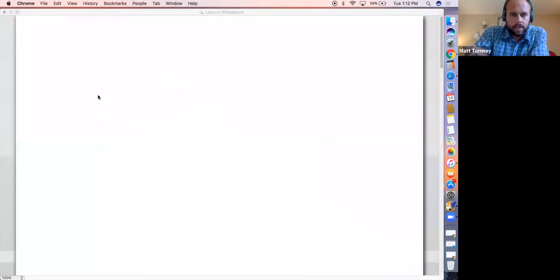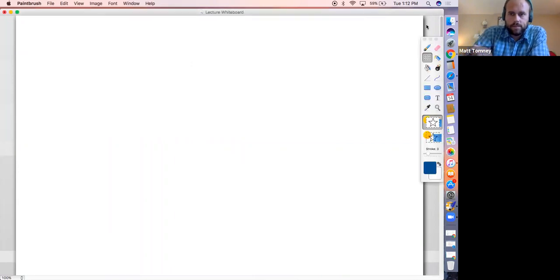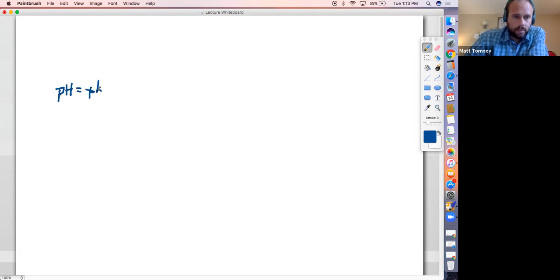Okay, so minimizing this, what we are going to do now is take a look at the solution. For this problem, the way that I intended for it to work was, it tells me use the Henderson-Hasselbalch equation. So I'm just going to write that. pH equals pKa, plus the log.